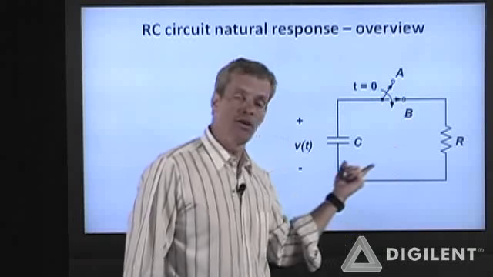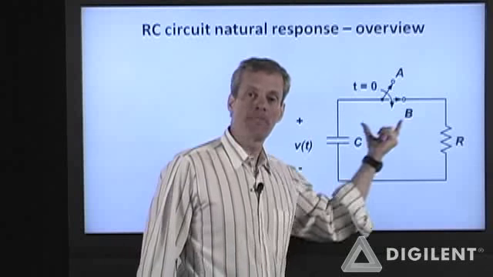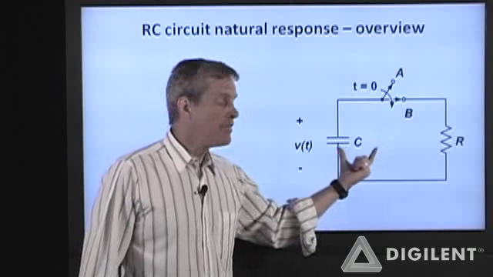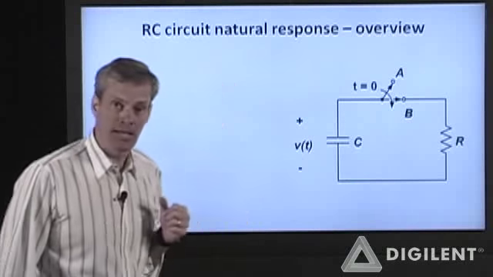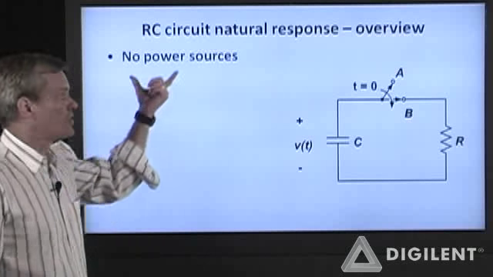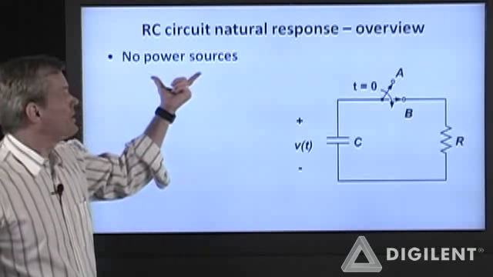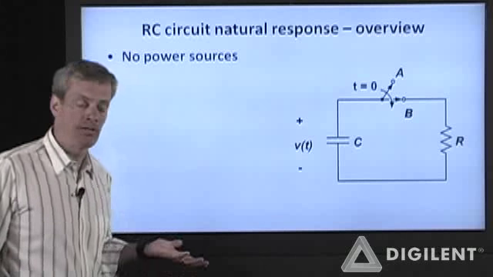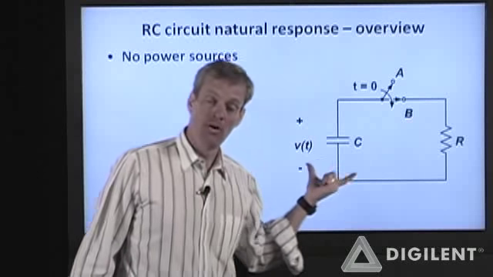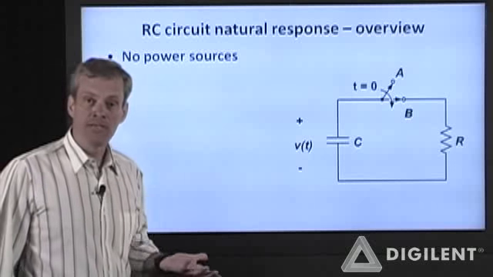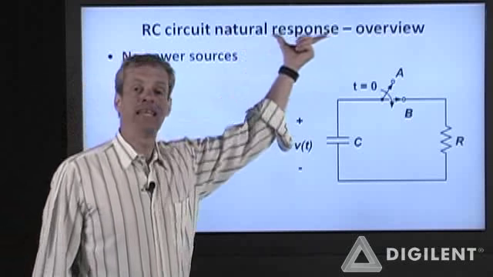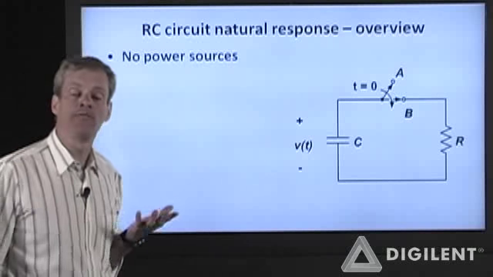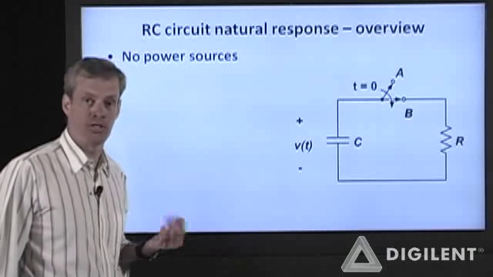Now we can start flowing current from the capacitor to the resistor. The resistor will start dissipating energy. So, first thing to note is that we have no power sources. There's no external power supplied to this system. The input u of t is 0. That's why this is a natural response. What we're going to be finding is the homogeneous solution to this system.